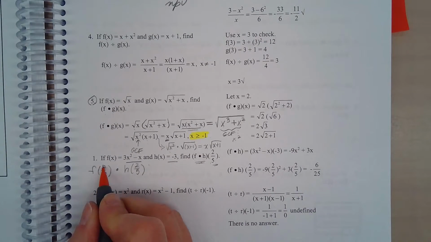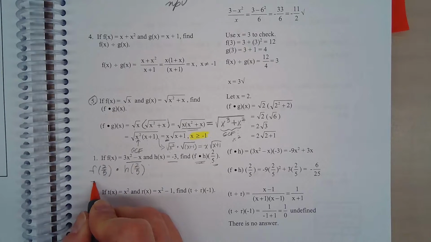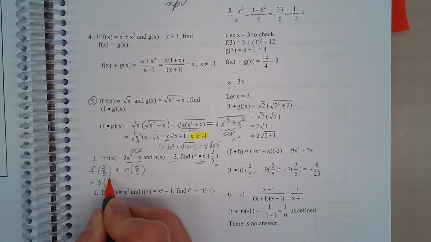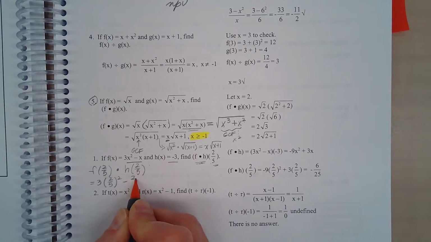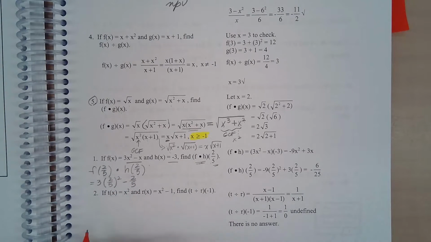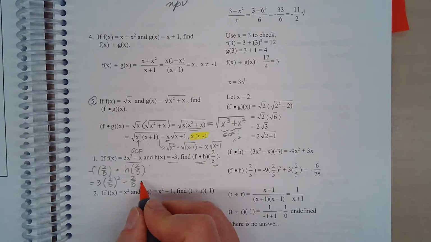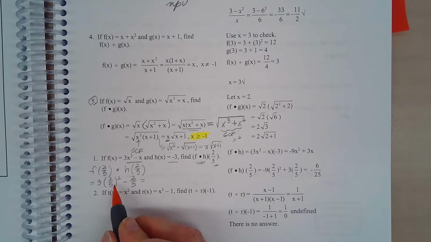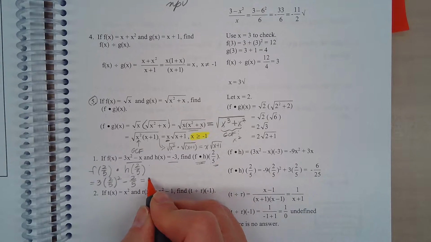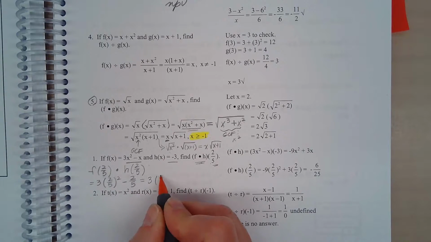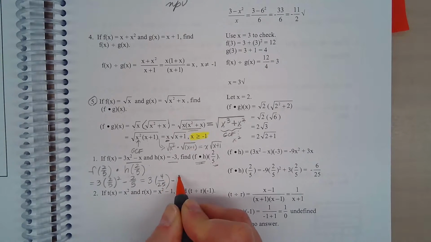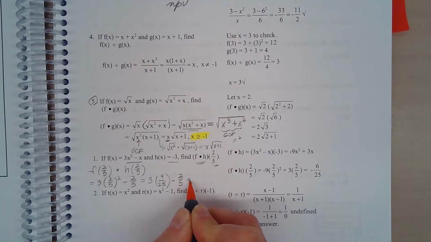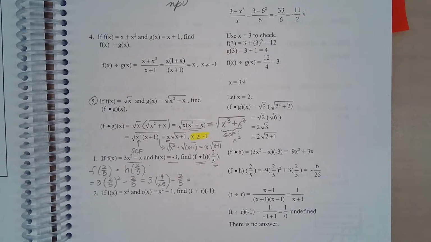So f at 2/5 is equal to, okay, so 3 times 2/5 squared minus 2/5. Okay, I'm just going to keep working across the page here. So squaring a fraction, 2 squared is 4, 5 squared is 25, minus 2/5. Remember how we multiply fractions?